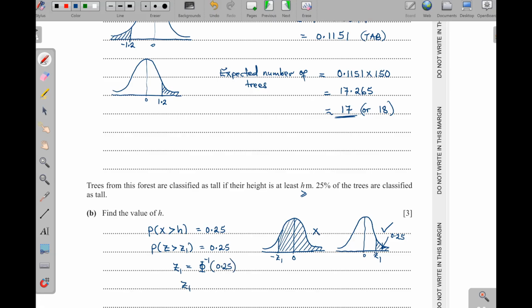But again, on our normal distribution table, we don't have probabilities that are less than 0.5, because what we are given is the curve for z less than a value. So this one has to be greater than 0.5.